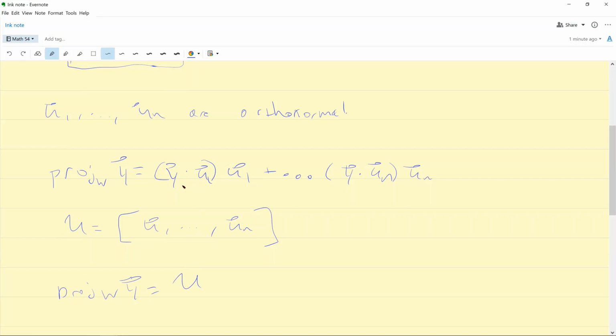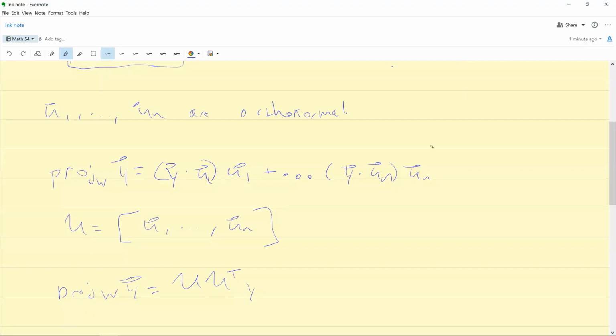What are these weights? Well, these weights, y dot ui, this is actually going to be U transpose y. Because the dot product is just, if you take two vectors, you can take the transpose of one and multiply with the other. These scalars, we can encode in this vector U transpose y. So now we have this formula to compute this projection.